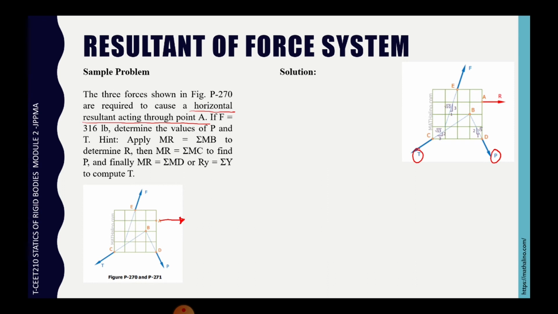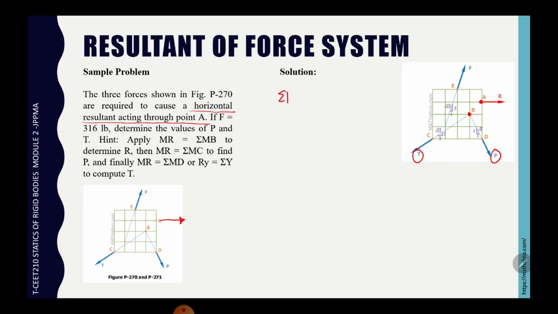meron tayo dito, maglalagay lang tayo ng point kung saan makakakuha tayo ng values. So, pag naglagay tayo dito ng point O, ng moment point, ibig sabihin, ang makukuha nating value ay si P and T. Kaso, dalawang unknown yun. Pag dito naman tayo nag-moment sa B, hindi magiging 0 si T at saka si P, pero makukuha natin si resultant. So, try natin.